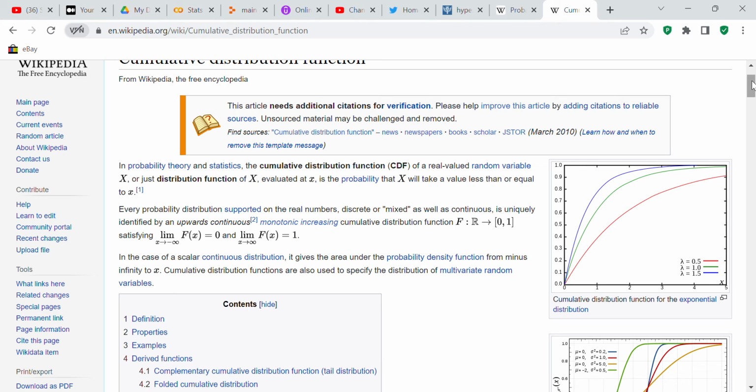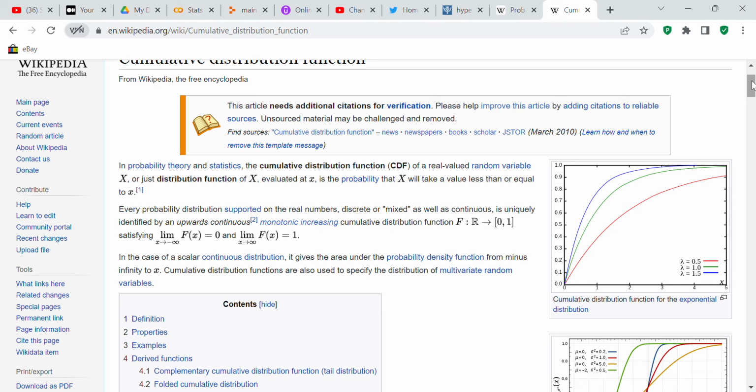Every probability distribution supported on the real numbers, discrete or mixed as well as continuous, is uniquely identified by an upwards continuous monotonic increasing cumulative distribution function, satisfying lim F(x) equals 0 and lim F(x) equals 1.